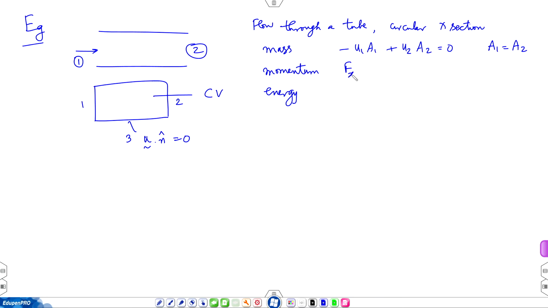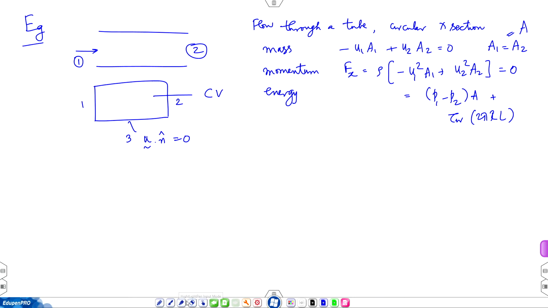For momentum: rho times minus u 1 squared A 1 plus u 2 squared A 2, which is 0, and it is also equal to P 1 minus P 2 times the cross sectional area A, plus tau wall 2 pi r L. Which is 0.